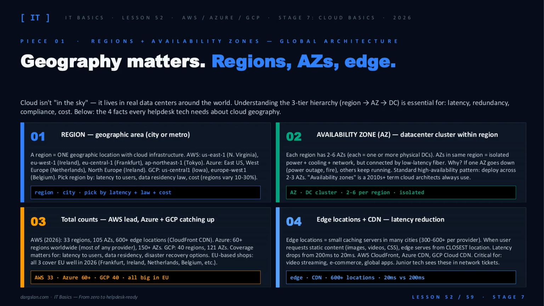On top of that sits a third layer, edge locations, hundreds of small caching servers scattered worldwide that pull static content close to your users and drop latency from 200 milliseconds down to 20. Region, AZ, Edge, same hierarchy at AWS, Azure, and GCP, just different brand names on the map.